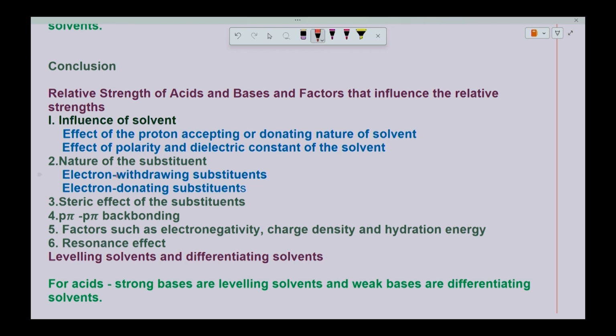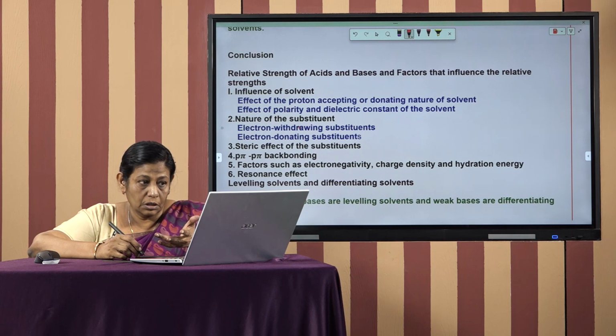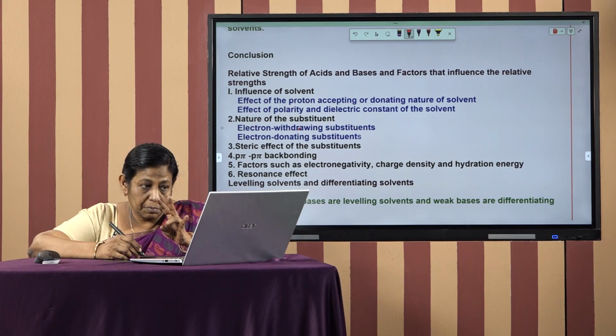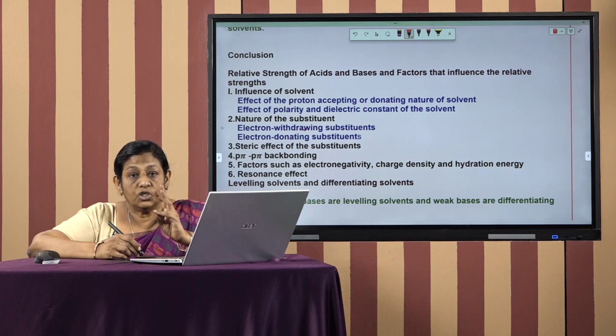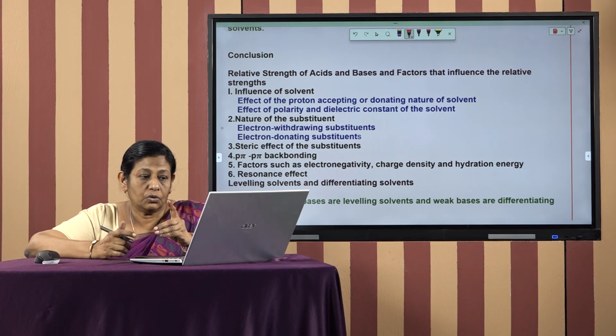Then depending on the substituents, we have electron withdrawing and electron donating substituents. Then comes the steric effect, then p-pi back bonding, then factors such as electronegativity, charge density and hydration energy which determine their strength, then the resonance effect.